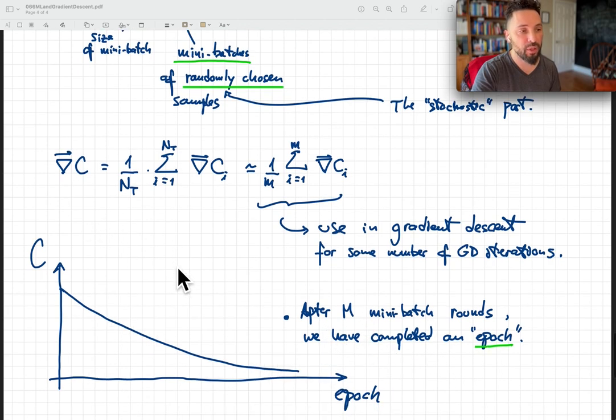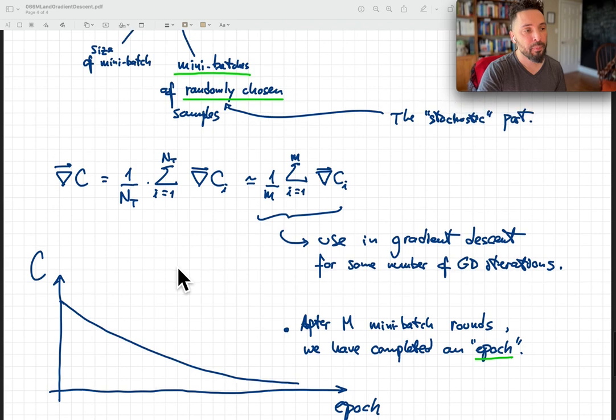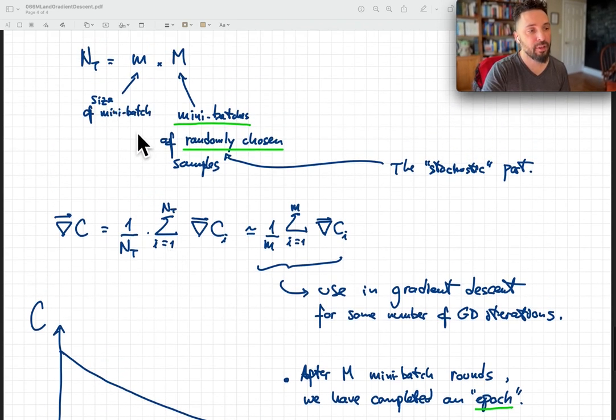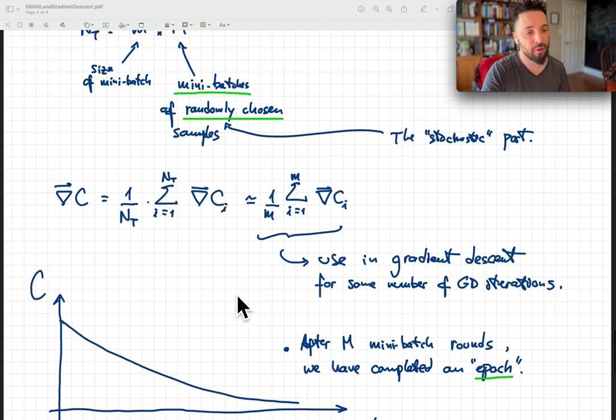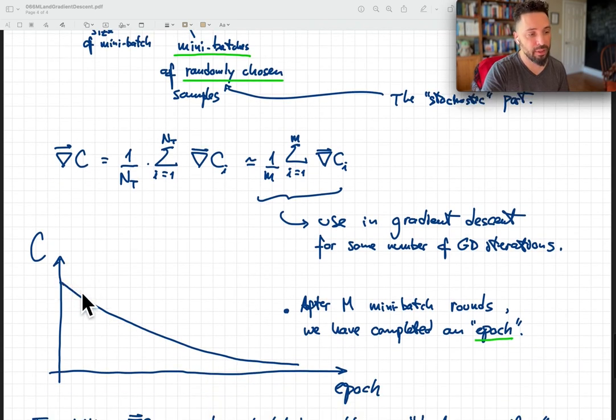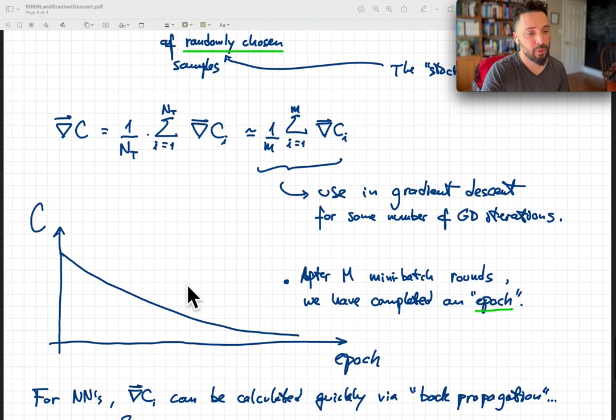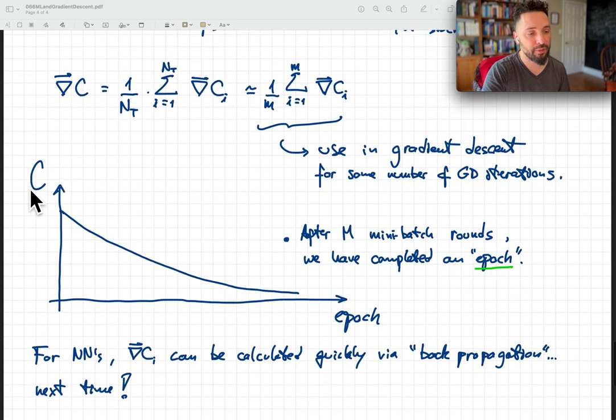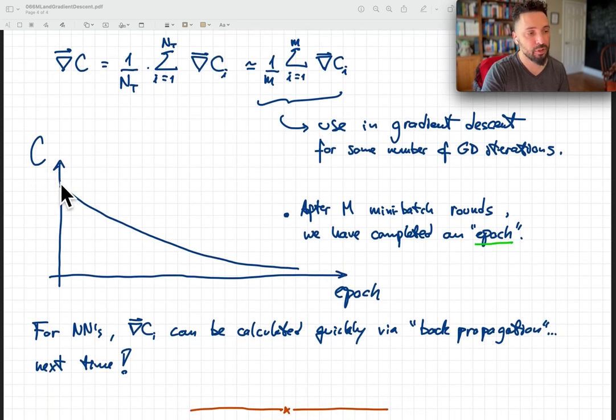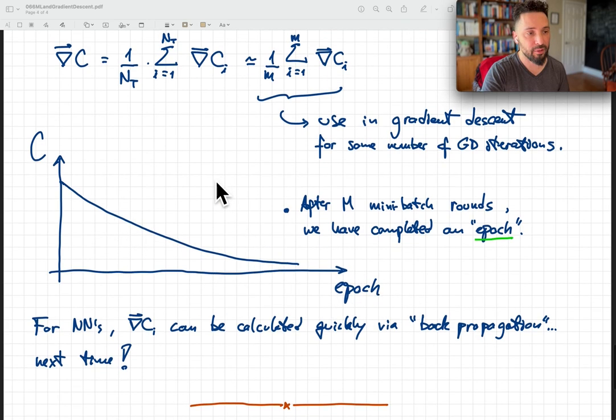And what we do then is go back to the beginning, choose a different set of mini batches, resample everything, and complete a new set of M mini batch rounds of optimization. As we go, the idea is that we'll be reducing the cost function, epoch after epoch after epoch. So this is the type of graph that you might see in some books of how the cost function hopefully behaves as we go epoch after epoch, optimizing the function as we go.